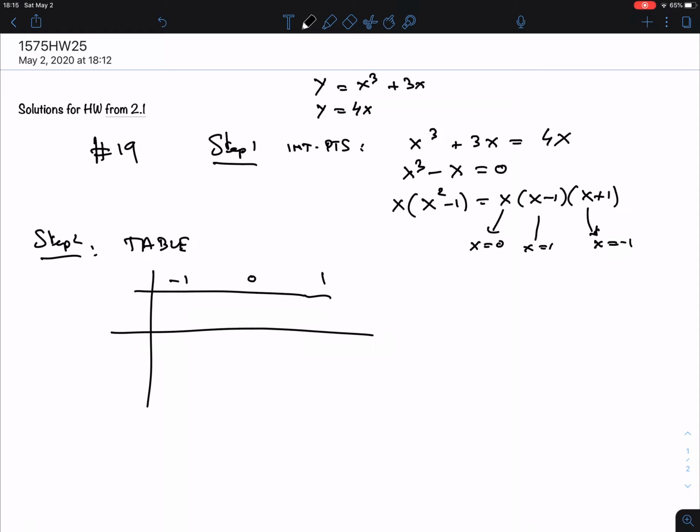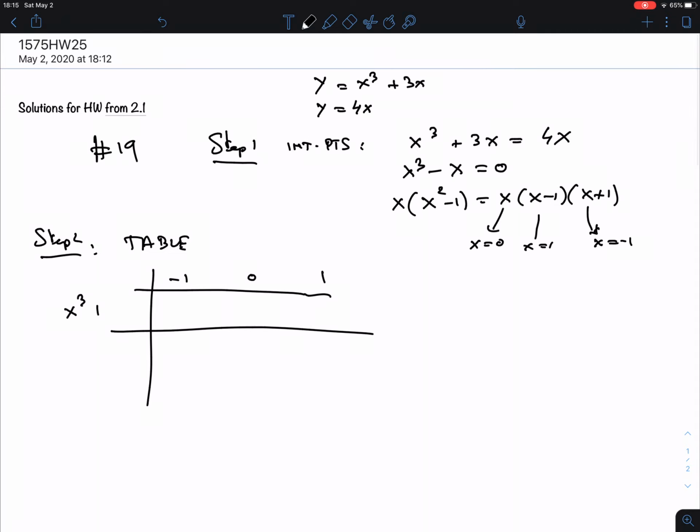Can, I'm saying can, it's not sure, but it's possible. So, okay, what are the two equations? x cubed plus 3x and 4x. So we take test points. It's a bit annoying that we have to take some fractions here. So let's do these two. What did we get? Minus 1/8 minus 3 halves.